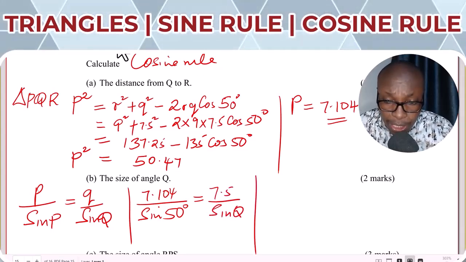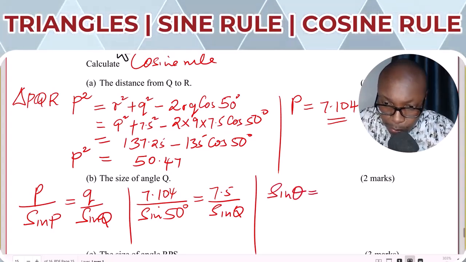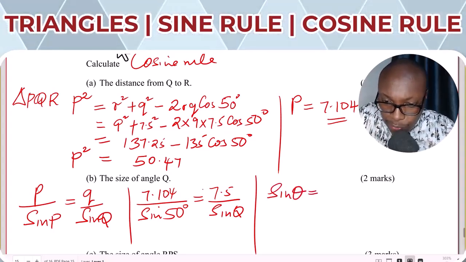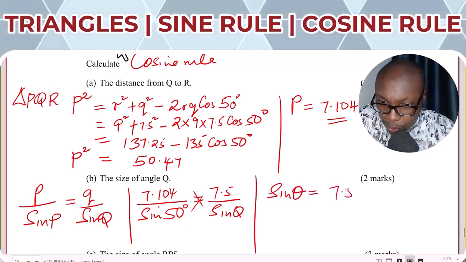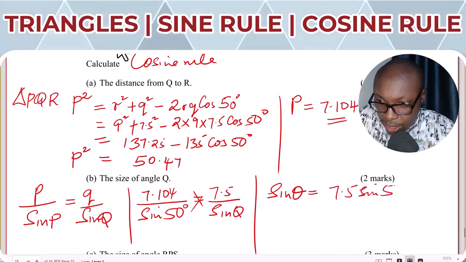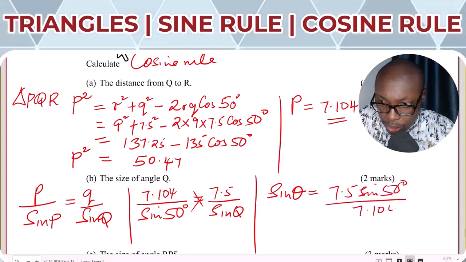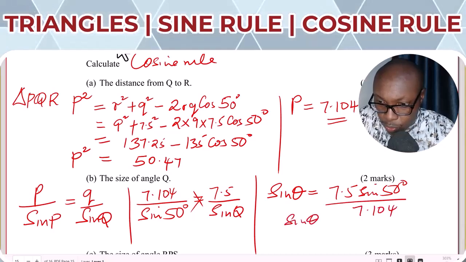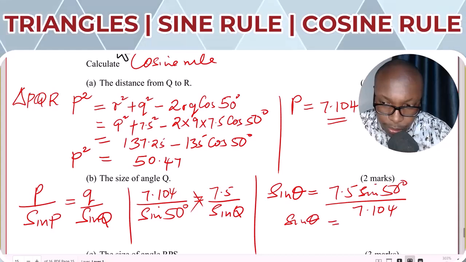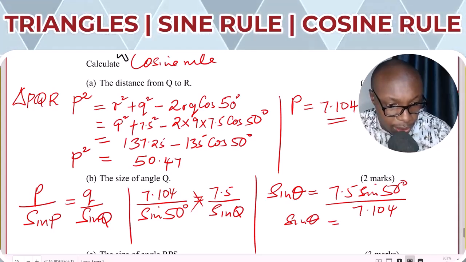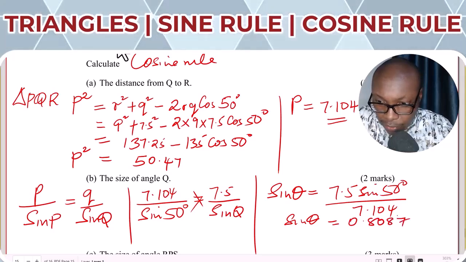So from here, I will make sine Q the subject of the formula. If you cross multiply here, you get sine Q is equivalent to 7.5 multiplied by sine of 50 degrees, everything divided by 7.104. So this one will give sine of Q to be 0.8087.